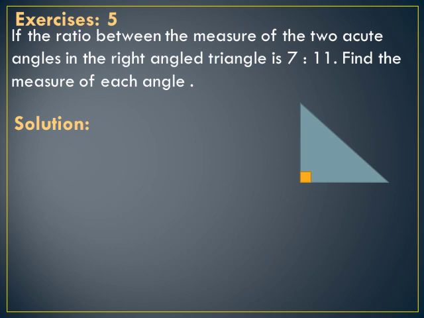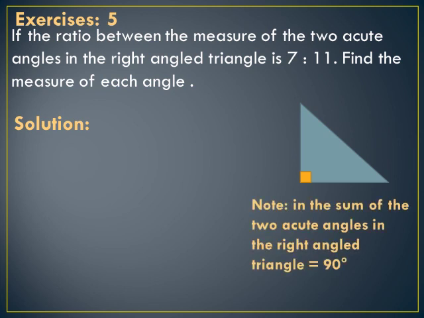It has one right angle and two acute angles. If the ratio between these two acute angles is 7 to 11, I want the measure of each angle. I have the ratio, I want the value.